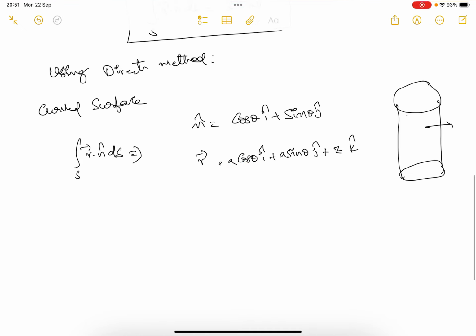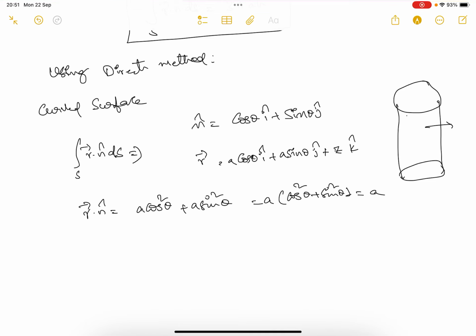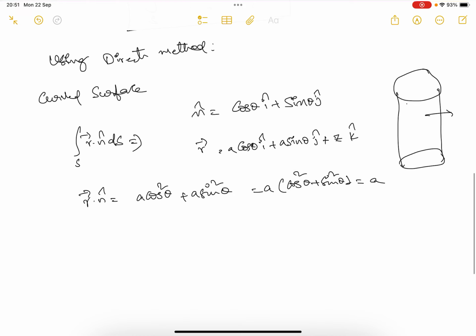Now let's evaluate r bar dot n cap, which is a cos square theta plus a sin square theta, and z into 0 will be 0. So this will be a into cos square theta plus sin square theta, which is 1, so it is a.